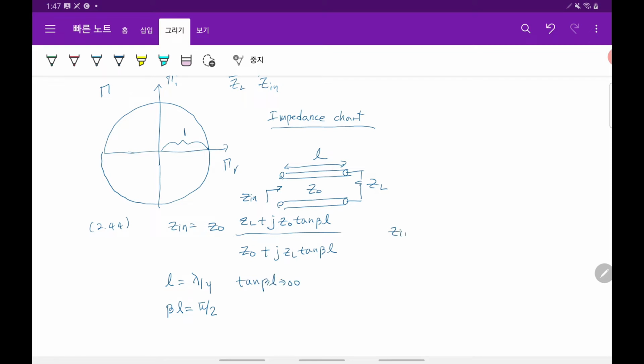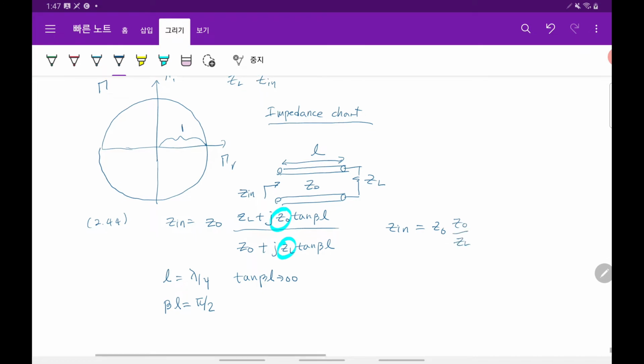So Z in equals Z0 times this term, and because tangent beta L is infinite, only Z0 divided by ZL is left.